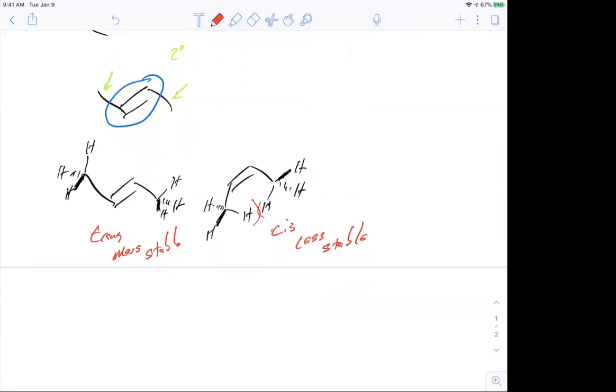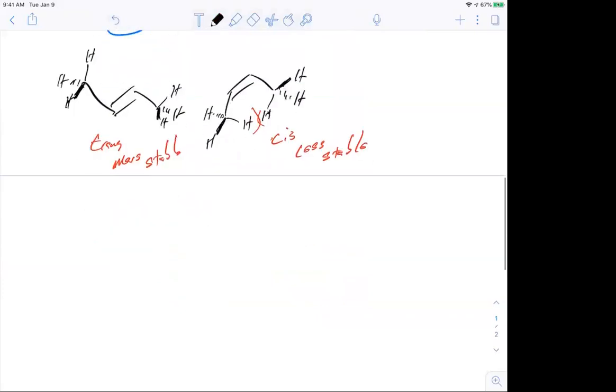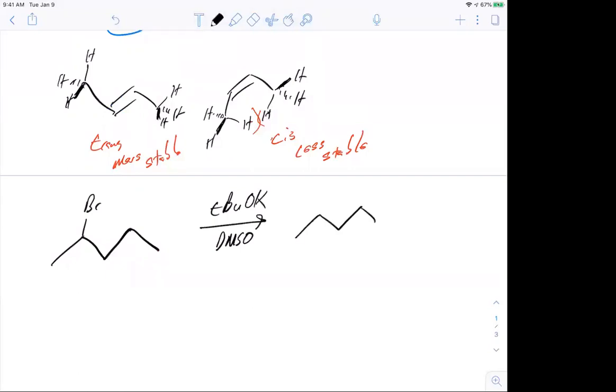Questions about those? So when we're looking at a reaction, we're going to end up with several products.